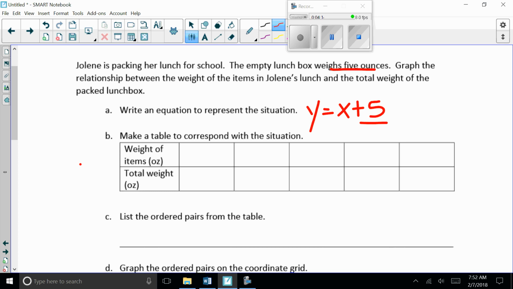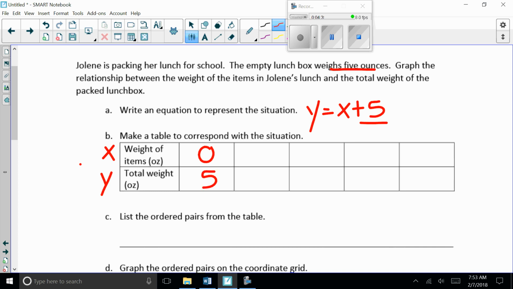So whenever you are making a table, I like to start with as close to 0, 0 if 0, 0 is going to apply. Okay, so in this case, the weight of the items is x and the total weight is going to be y. Whenever we write our equation, I'm going to choose a number and plug in. So if I plug in a 0 where the x is, then I would say 0 plus 5 gives me 5.